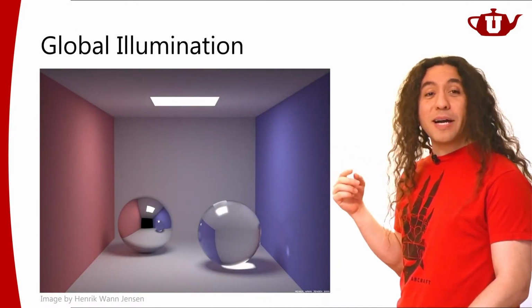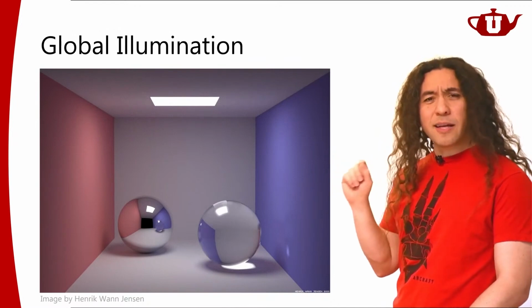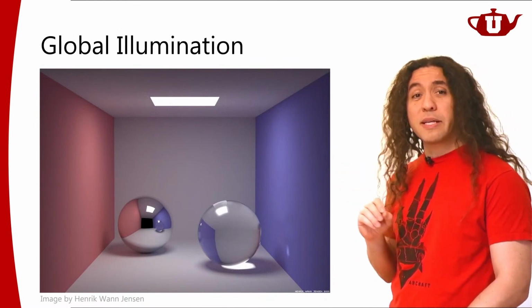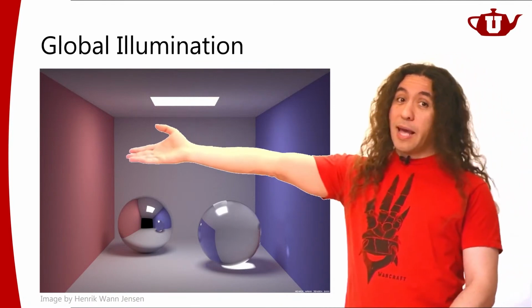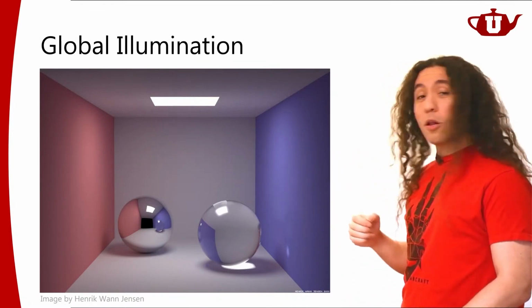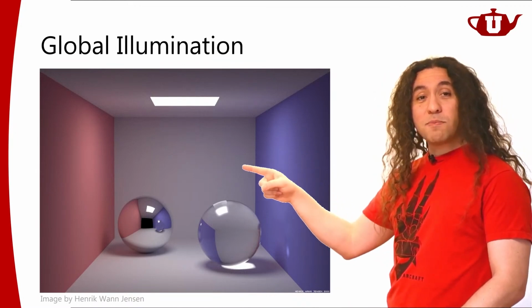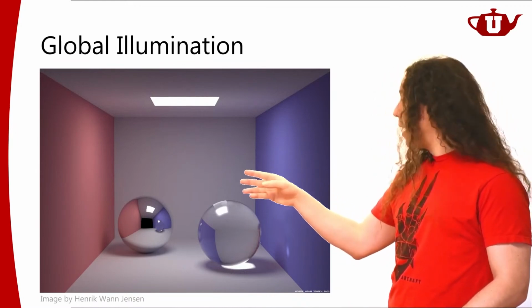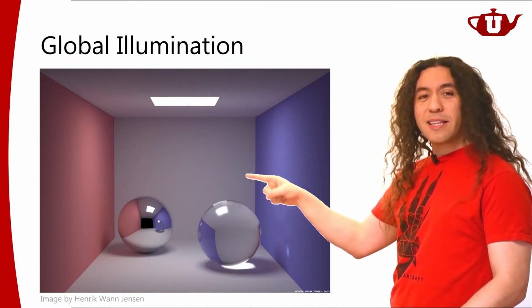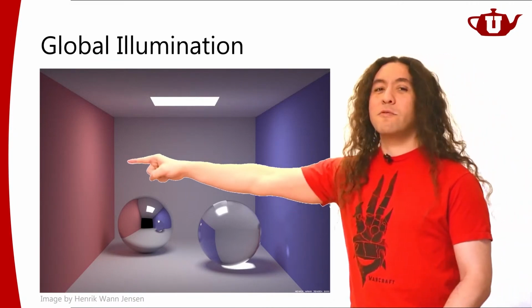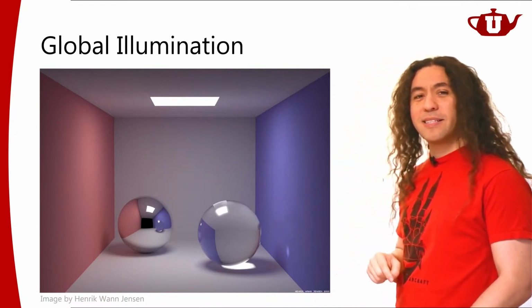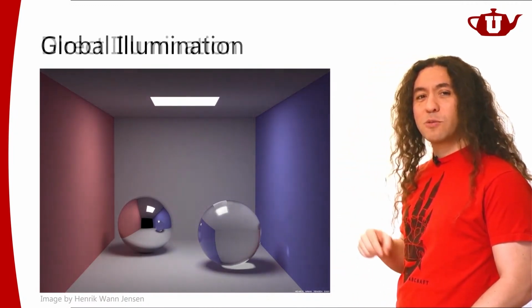Another thing that you might notice, it's a little subtle, but actually it's very important for realism, is that this scene has a red wall and a blue wall. And because of that, this white wall at the back gets a little bluish on this side and a little reddish on this side. Can you see that? Let me switch back.